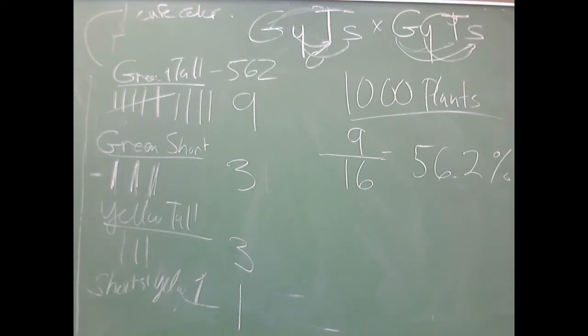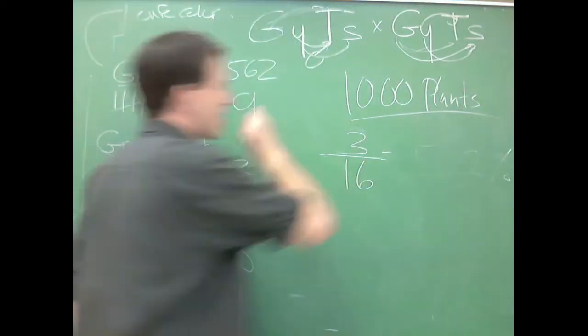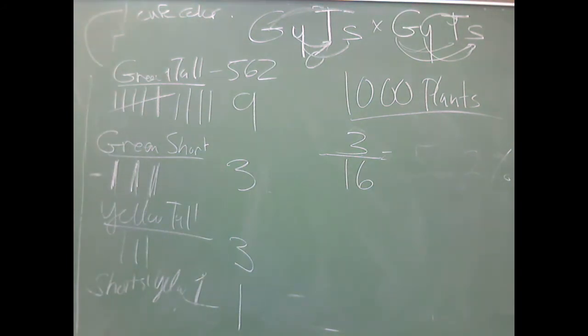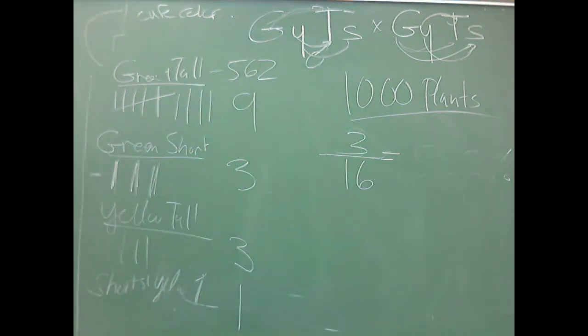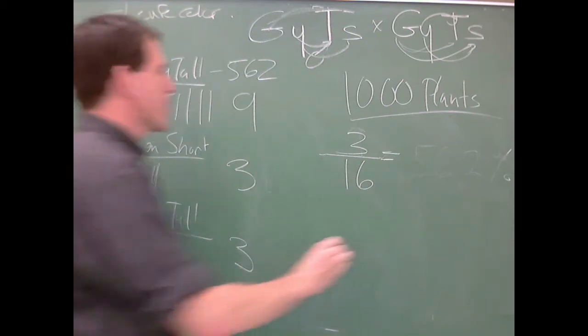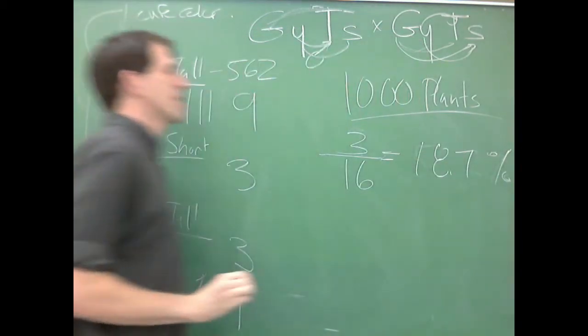Okay? What is 3 divided by 16? Three divided by 16 is 18.7%.